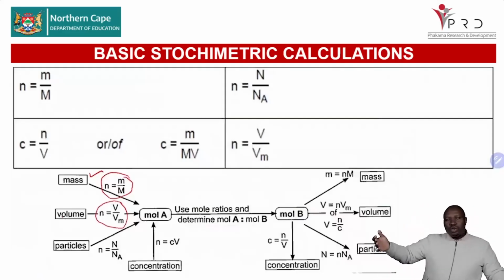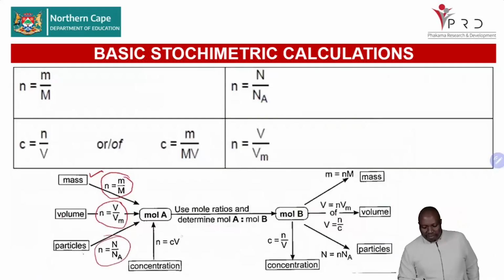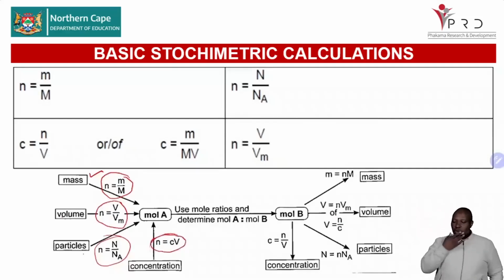Now, at room temperature, which is 298 kelvins, you will find that your molar volume is 24 cubic decimeter per mole. So it's important that you always have that information in your mind. Sometimes you'll be given the particles, you must be able to calculate the number of moles. Or sometimes you'll be given the concentration and volume, you must be able to calculate the number of moles.